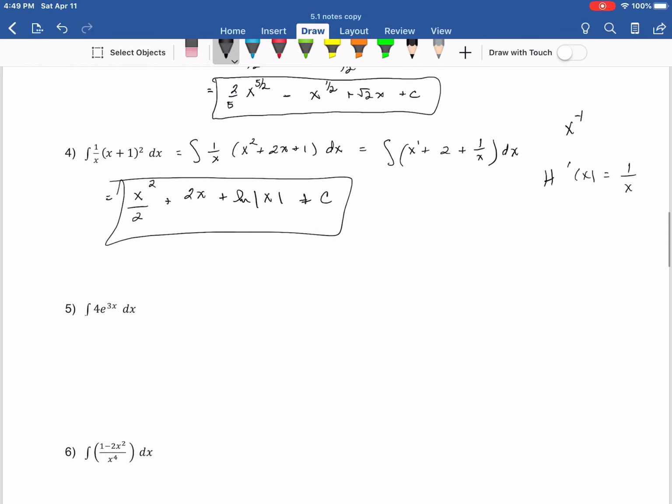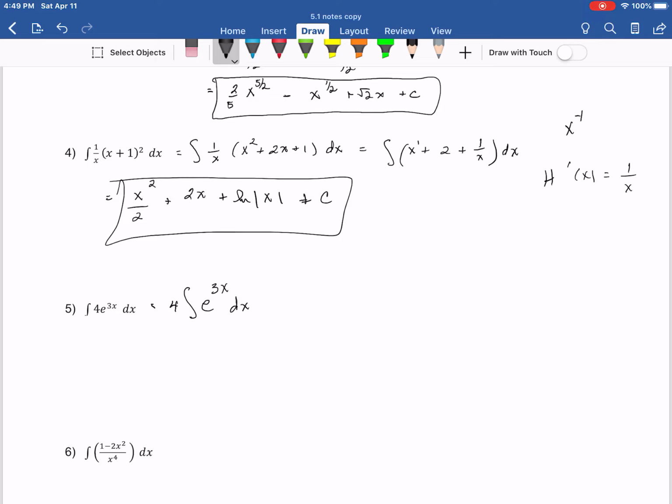The next one is an exponential function. All right, here's what I'm going to do. I'm going to first bring this 4 into the front so it doesn't get in my way. And now I need to figure out how to take the antiderivative of e to the 3x. Well, think back about taking the derivative of e to the 3x. How is that done? The derivative of e to a power is e to the power times the derivative of the power.